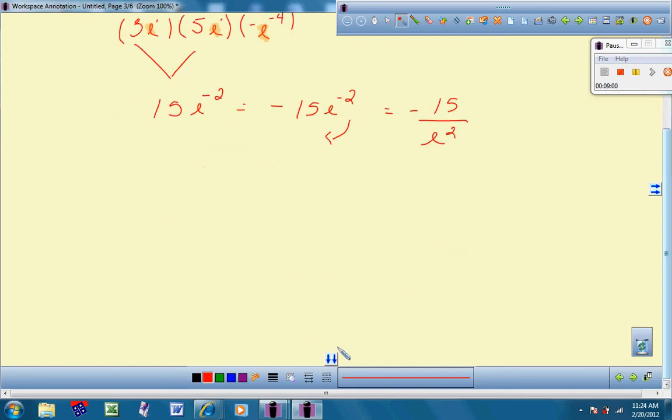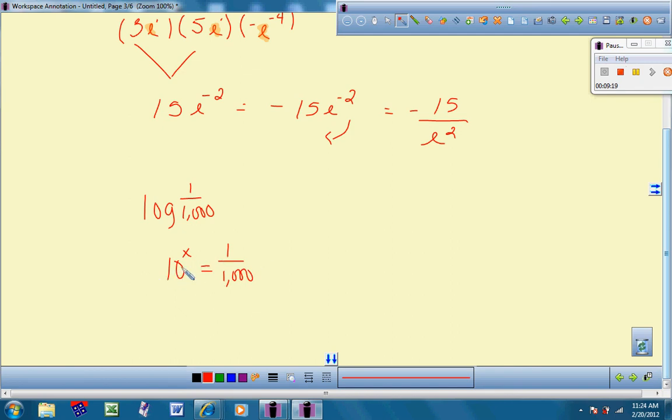Alright, let's go ahead and simplify some log expressions. Let's say we have log of 1 over 1,000. Basically you're saying, 10 to what power is going to give me 1 over 1,000? Well, think of it this way. We have a fraction here, so chances are my exponent is going to be negative.